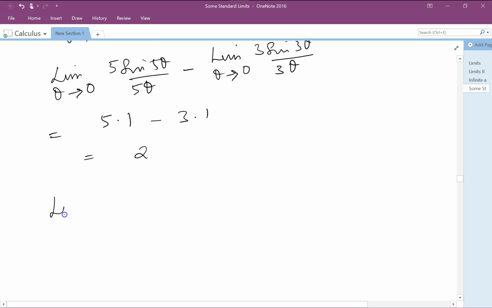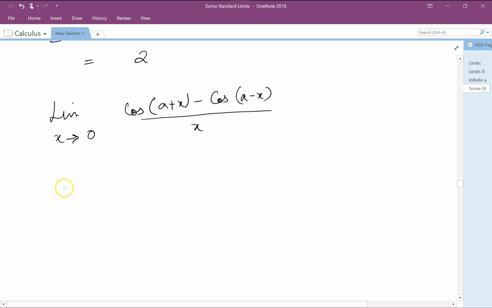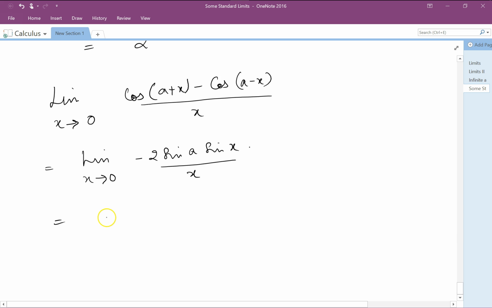It could be a little bit more complex. Okay, if we know the trigonometric identities, we would be able to proceed easily. Apply the limit.